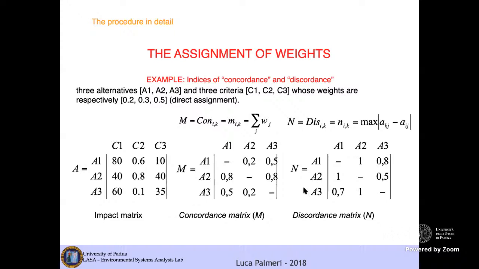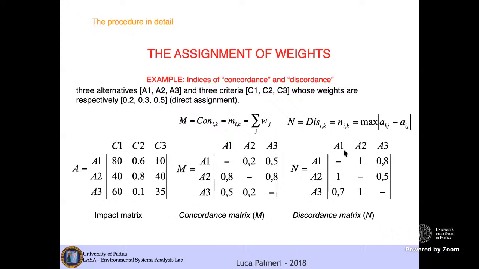We may do the same evaluation for the other alternatives. So the concordance matrix is a matrix in which you express the comparisons. It is an n by n matrix, where n is the number of alternatives, in which we are comparing the alternatives in terms of concordance: how happy I am to choose one alternative against another one.